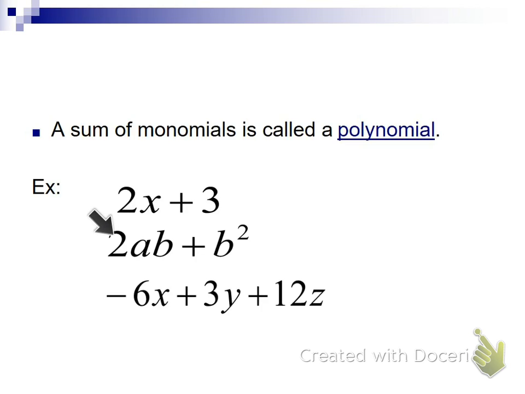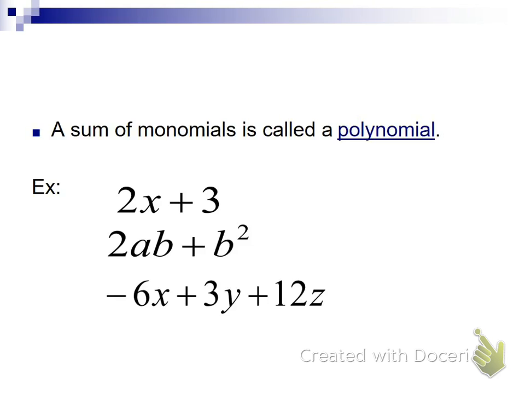How many monomials in the second one? 2. 2ab is one monomial or one term. B squared is another one. Isn't that a binomial? We'll get to that in a minute. The last one has 3 monomials: negative 6x, 3y, and 12z.